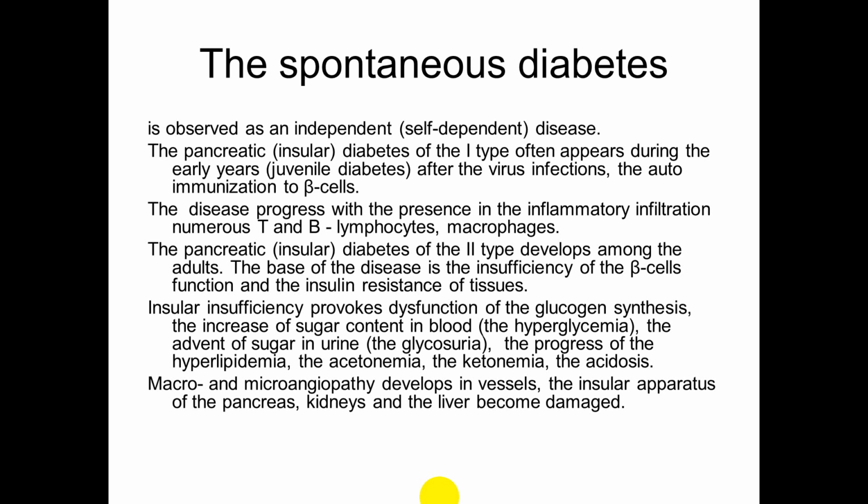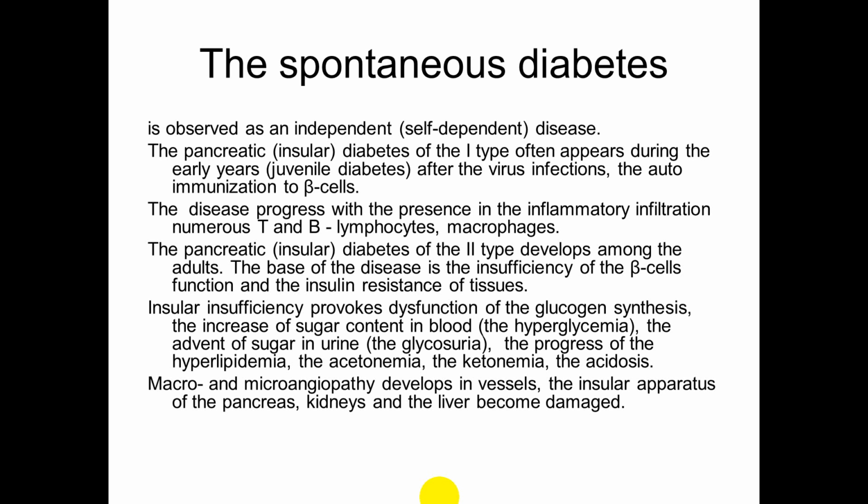The pancreatic insular diabetes of the second type develops among adults. The base of the disease is the insufficiency of the B cells function and the insulin resistance of tissues.